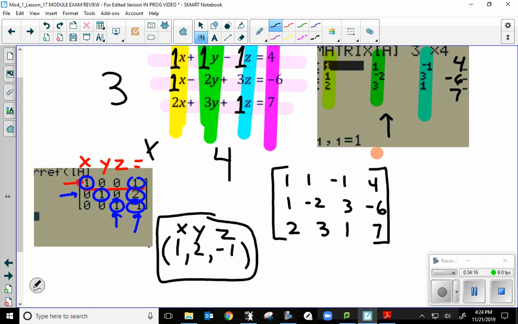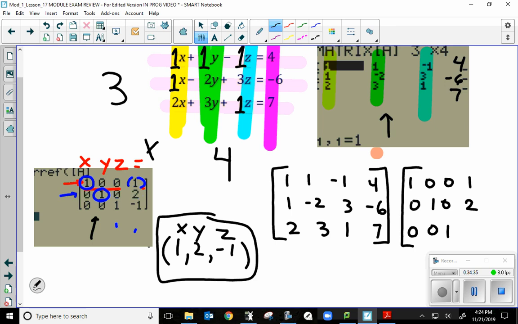And right next to that, you need to show this. I had 1, 0, 0, and my answer was 1. I need my 0, 1, 0. My answer was 2. And 0, 0, 1. And my answer was, is that a negative 1? I think it is. It is.